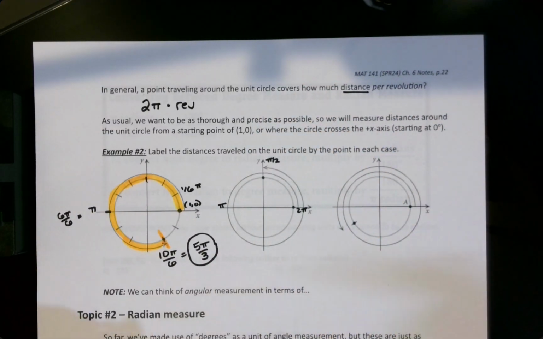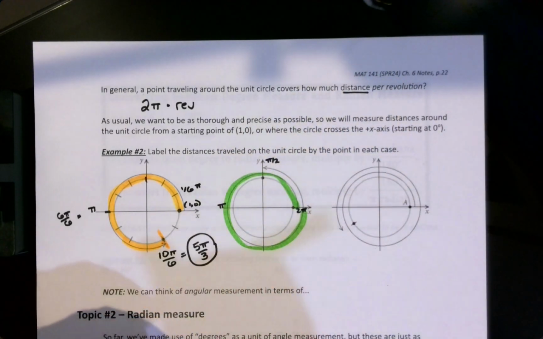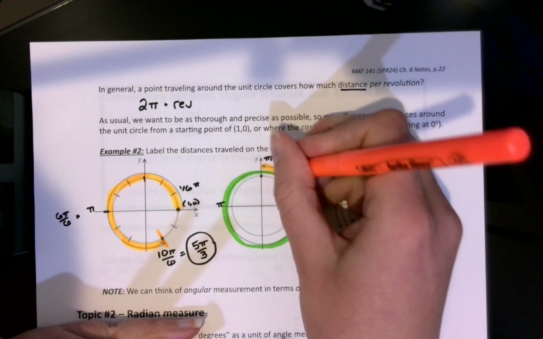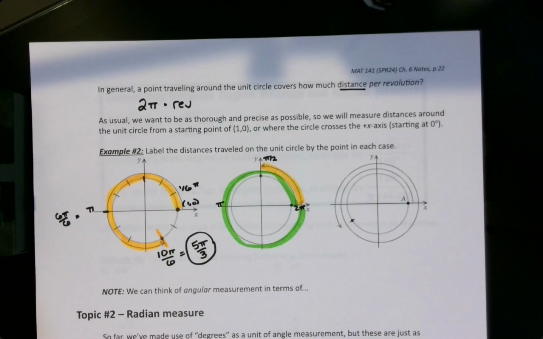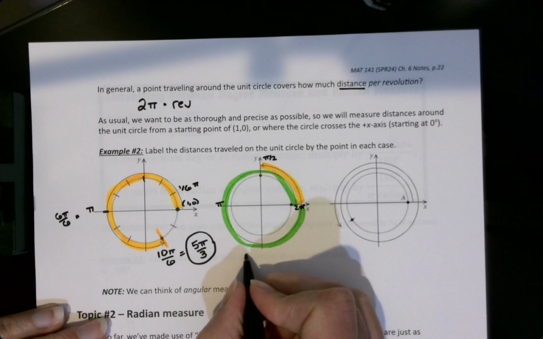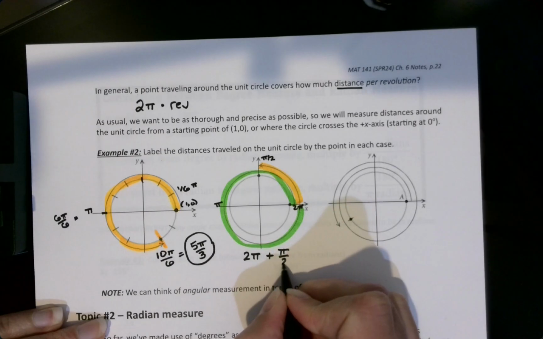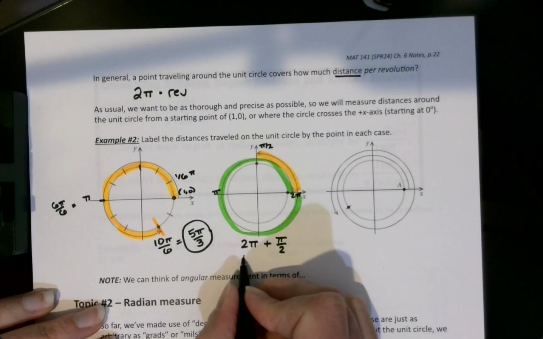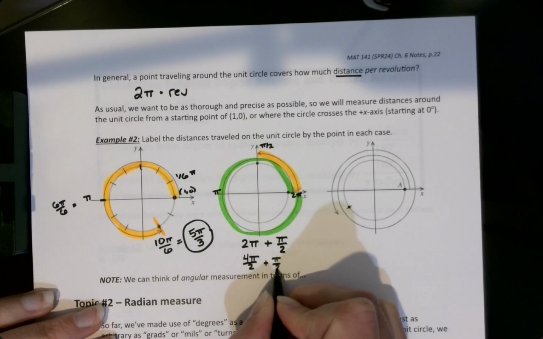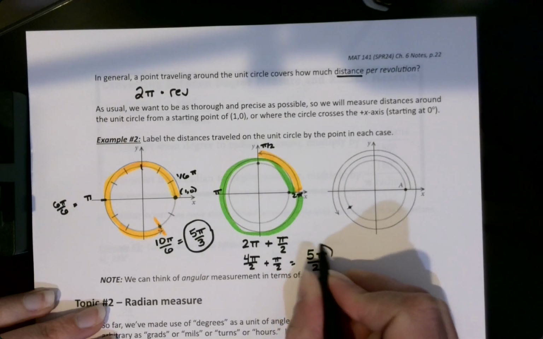So what I have here is this full rotation, which is 2 pi, plus this quarter rotation, which is pi over 2. So the full distance for this angle is 2 pi plus pi over 2. So 2 pi is 4 pi over 2. We're just getting a common denominator. Plus pi over 2 would be the distance 5 pi over 2.